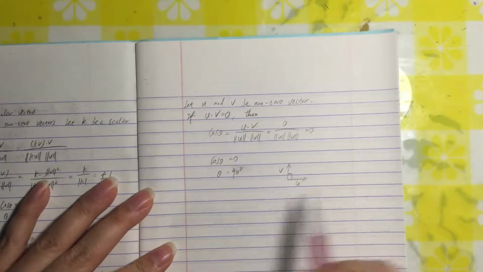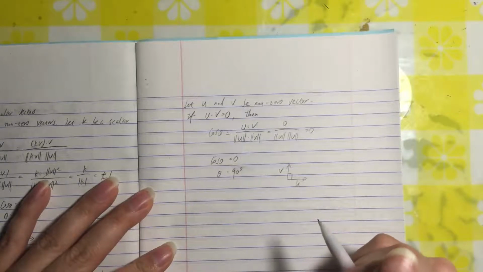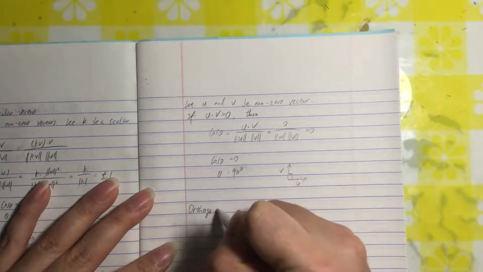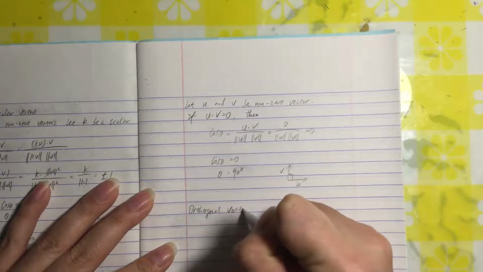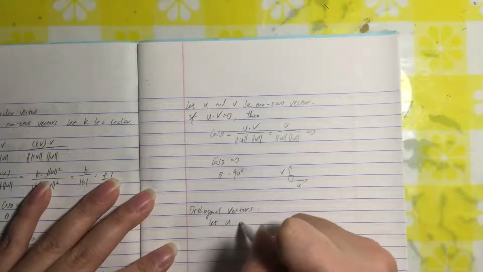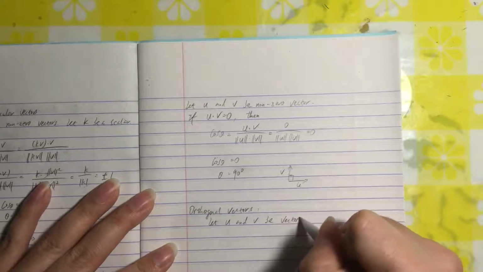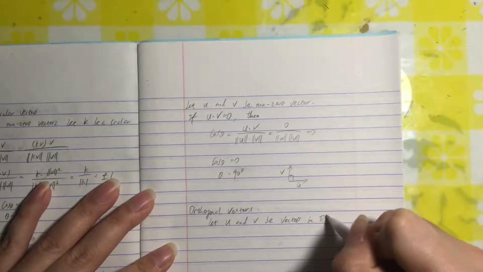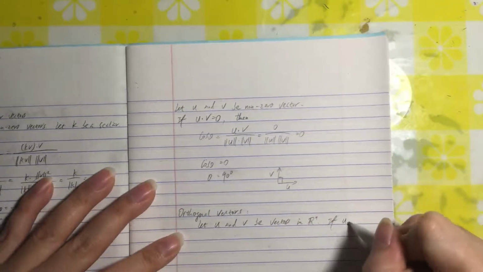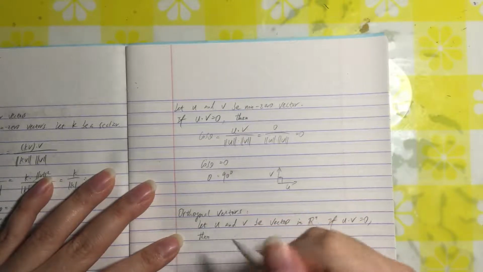Based on this fact, let me define perpendicular vectors in the following way. A perpendicular vector is also called an orthogonal vector. Let u and v be vectors in Rn. If the dot product u dot v is 0, then we say vectors u and v are orthogonal.